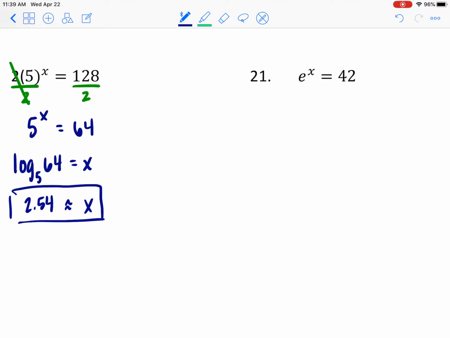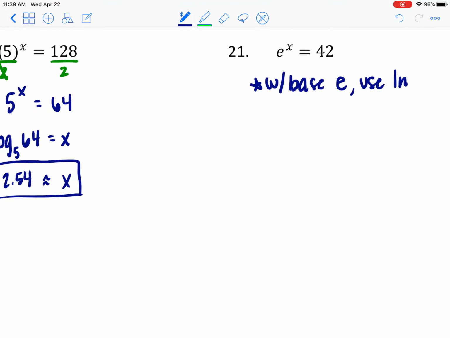Number 21 has a base that is a little different, right? Base of 5, base of any other number, we're going to use the common log. But when the base is e, we're going to use the natural log because natural log is already base e. So with base e, use natural log. Okay, and you're going to see why in a second.